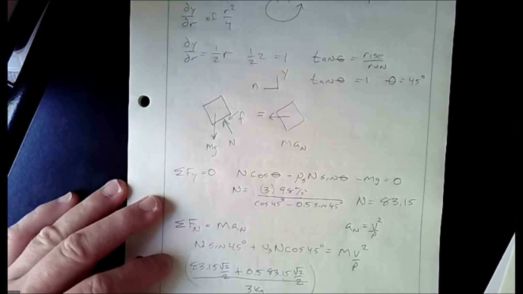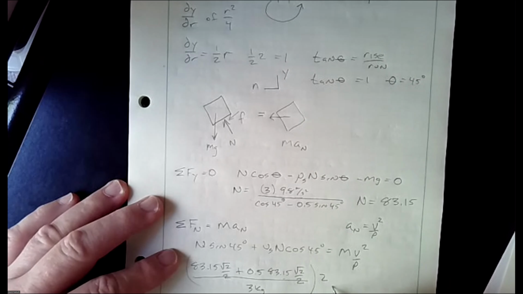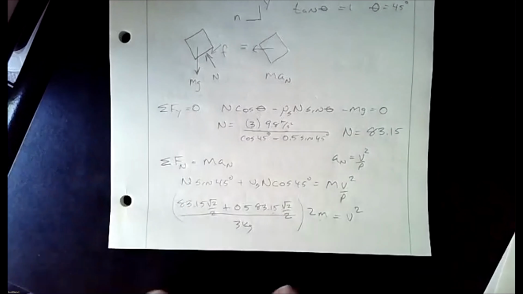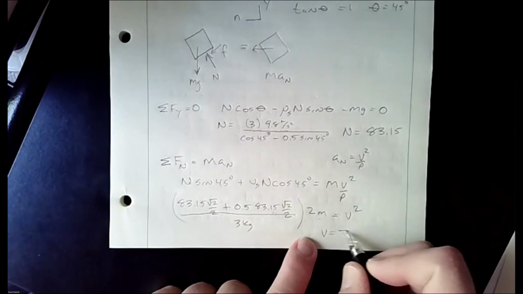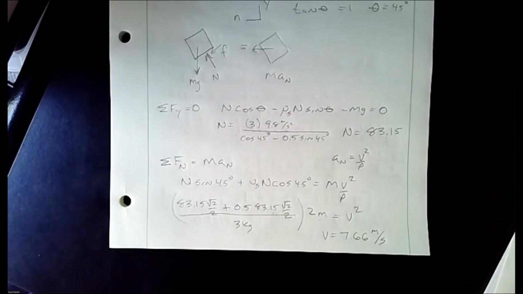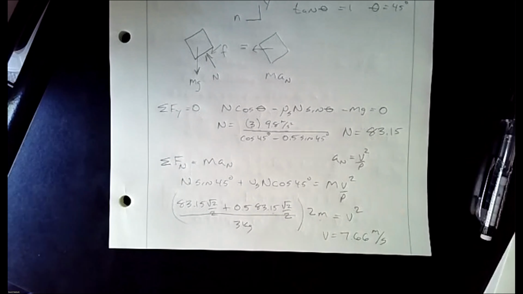And then all of that times 2, which is the radius, 2 meters, and that equals v squared. Okay, so my v then is equal to 7.66 meters per second. All right, and that's that.